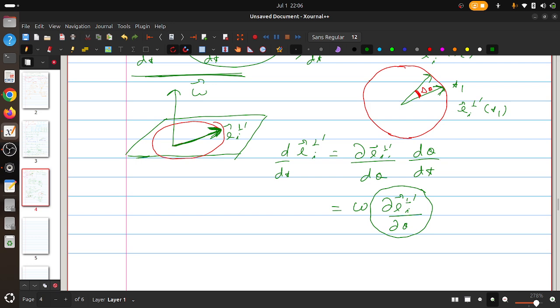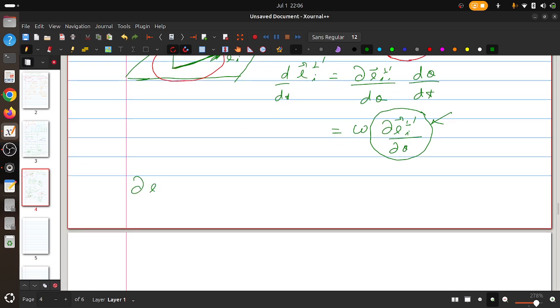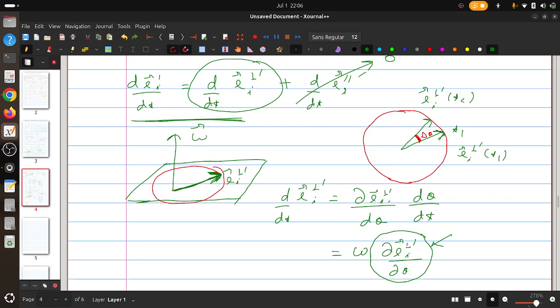So we want to evaluate this expression here. So this expression would be del EI perpendicular prime by del theta. So let's say that here this is my theta 1, this is my theta 2. Instead of putting it as a function of time, we can also put this as a function of theta.